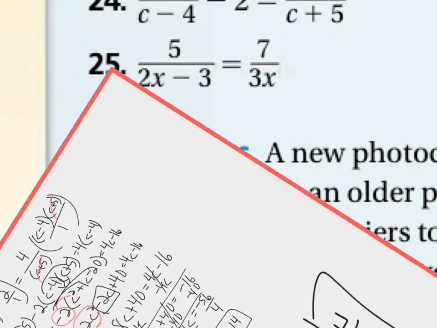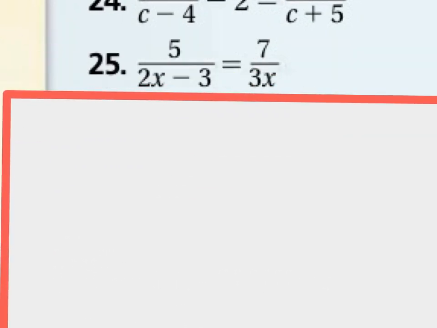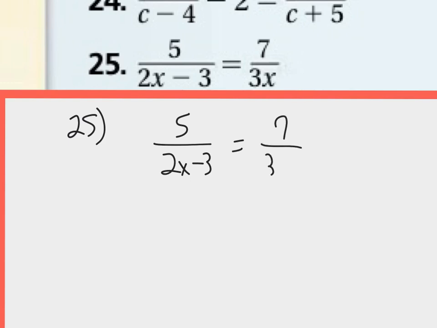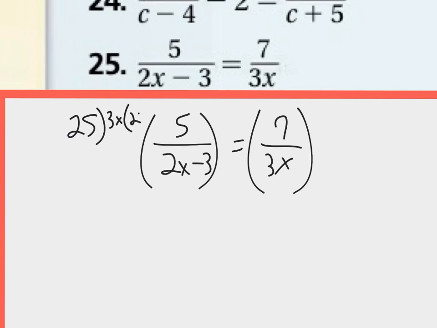Number 25, technically there's just one fraction on both sides, so you could cross multiply if you want, but to me that's just another thing to remember, so I'm just going to do this the same way as the other problems we've been doing, which is just going to work out the same. So to get rid of the denominators, we'd multiply by 3x times 2x minus 3.